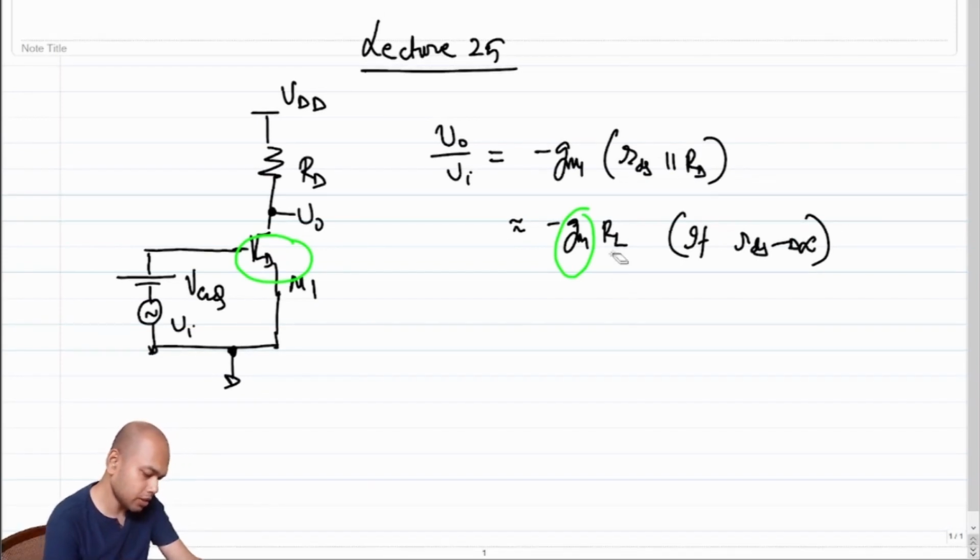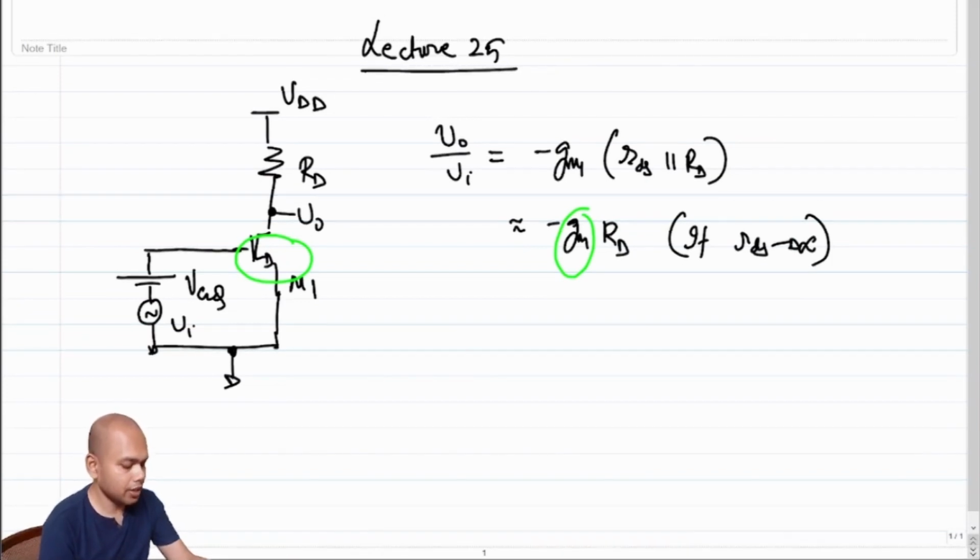So let's assume this is a drain resistance RD. So what does GM depend on? GM depends on the size of the device, GM depends on VGQ, the overdrive voltage, and so on. And what does RD depend on? RD is the biasing resistance on top.